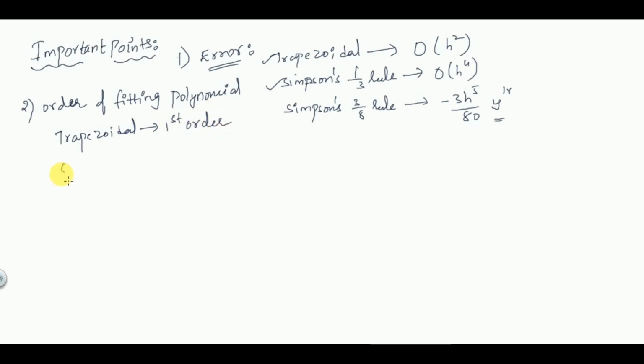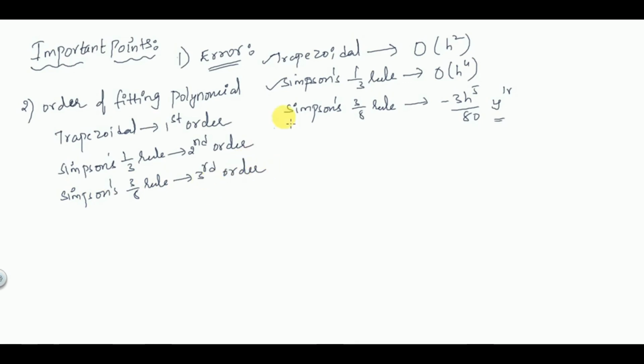Okay, and Simpson's 1/3 rule is second order, and Simpson's 3 by 8 rule is third order. So there is a lot of theory behind this, so that is not required for us. So just remember the order of fitting polynomial. So trapezoidal first order, Simpson's 1/3 rule second order, and Simpson's 3 by 8 rule, it is third order.